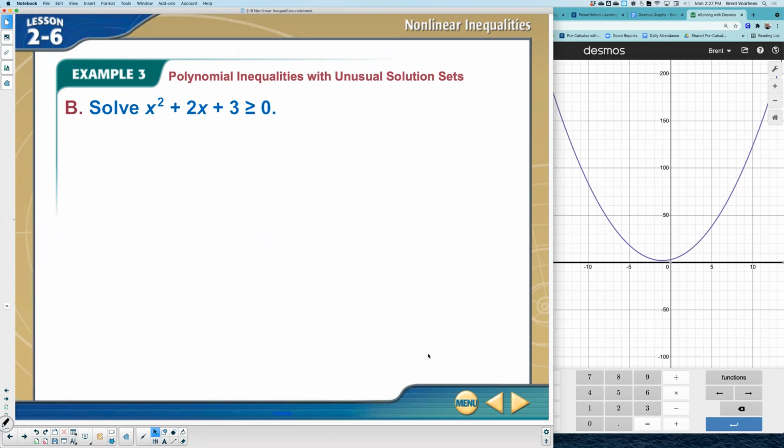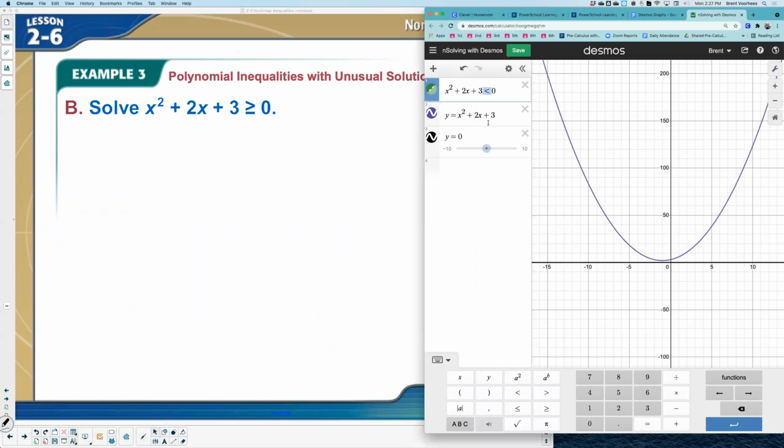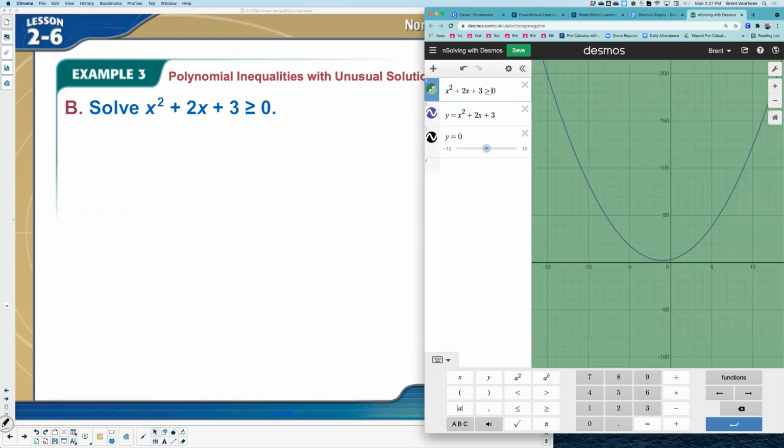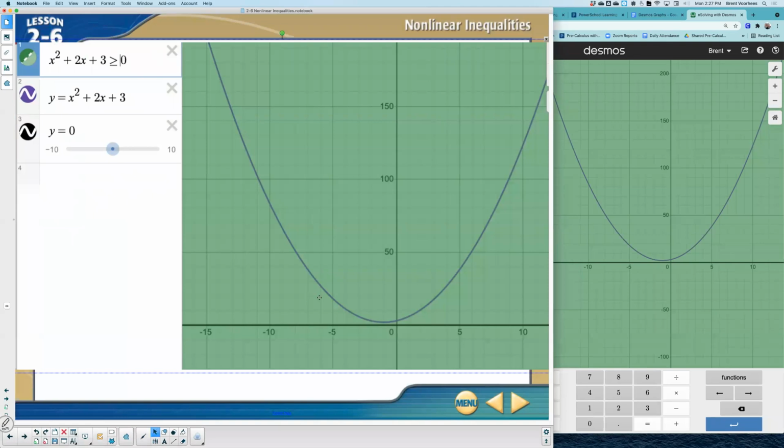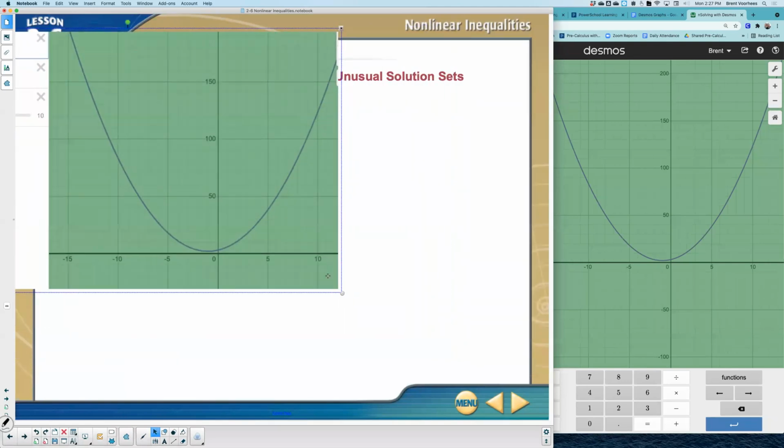All right, let's try example B. This time we want to know where x squared plus 2x plus 3 is greater than or equal to 0. And so this time I'm changing this to a greater than or equal to 0. What can you tell me? What's different about the graph this time? It's always shaded. What do you think that means? Everything. This is all real solutions.